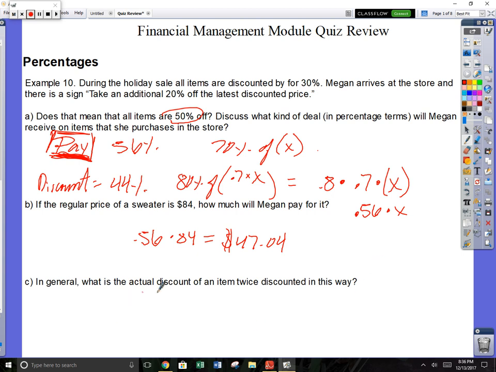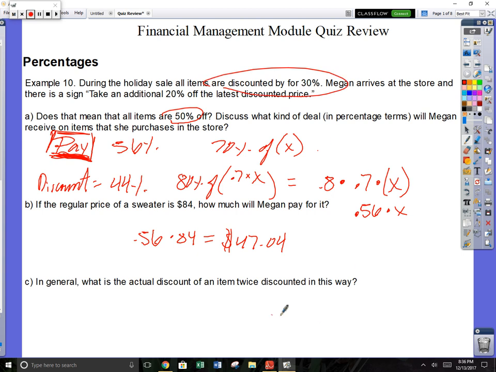In general, what is the actual discount of an item twice discounted this way? So again, this is what we did in part A. You are going to think in terms of what you're going to pay, and you have to start with the original discount first.